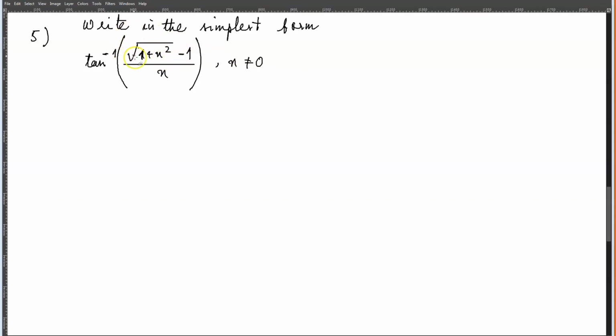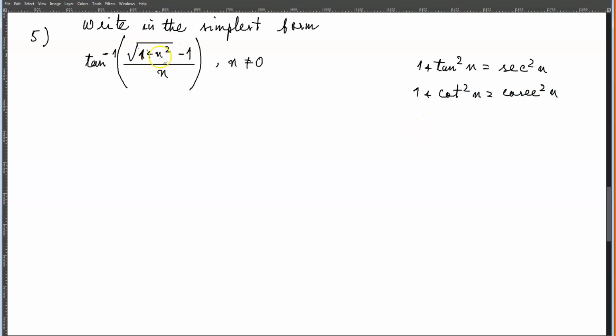In such situations, in order to get rid of the square root and rewrite the expression, you usually have two identities that help: one of them is 1 plus tan squared x is equal to secant squared x, and 1 plus cot squared x is equal to cosecant squared x, right?